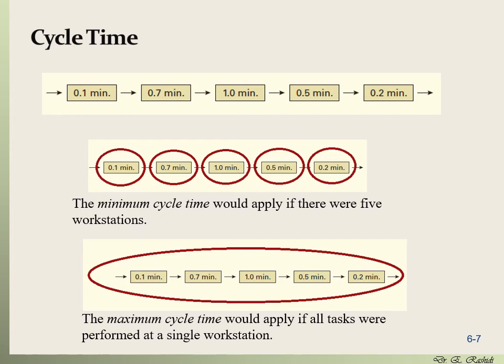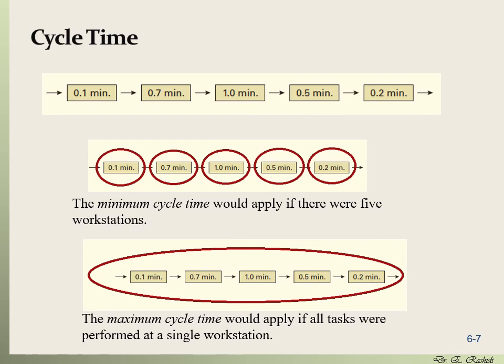One extreme case is shown here, where you consider each task as one workstation. So, for example, the first task is one workstation and you assign a worker to work on that. And the second task is a workstation by itself and you assign a worker to work on that one. And the third, fourth, and fifth tasks also each own a workstation.